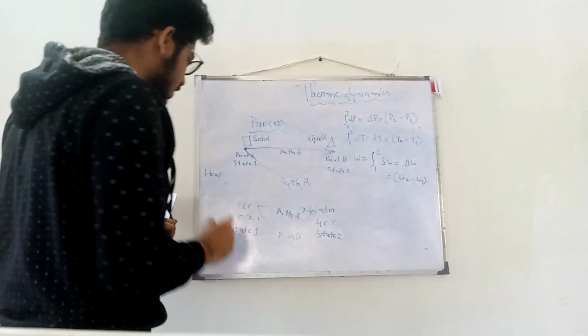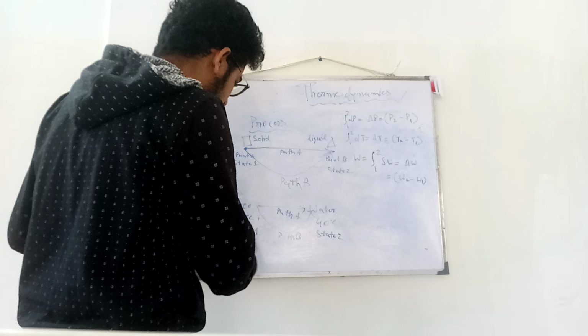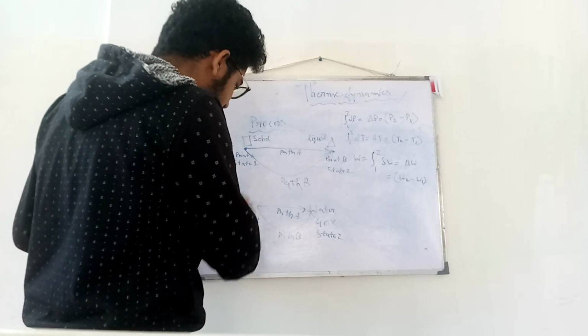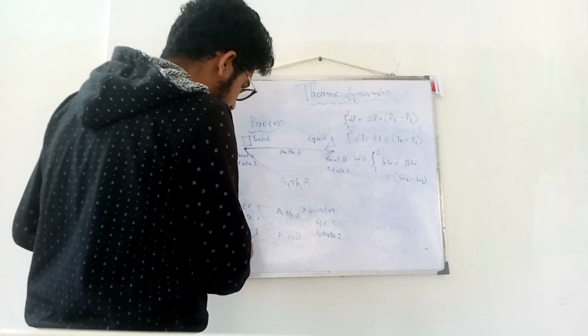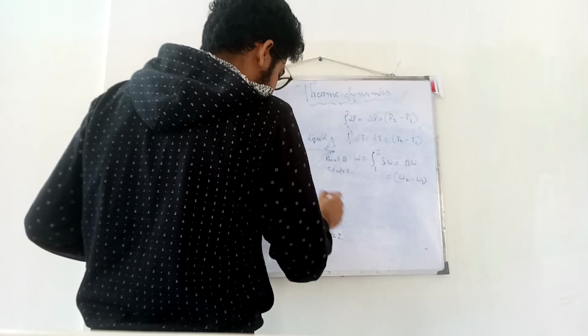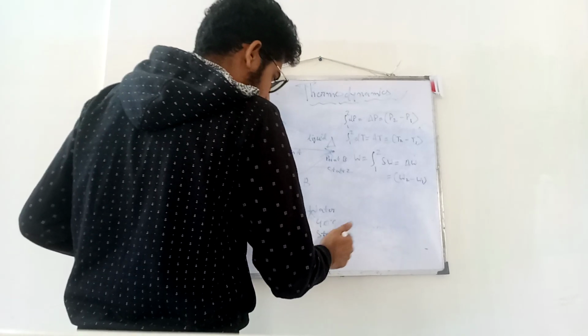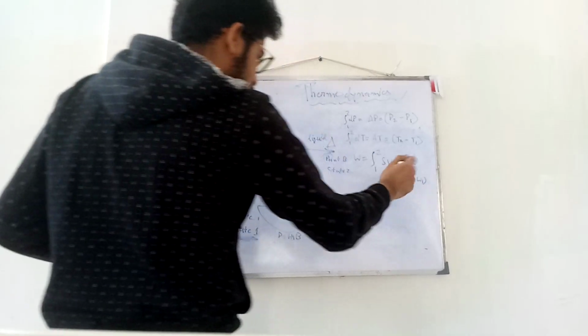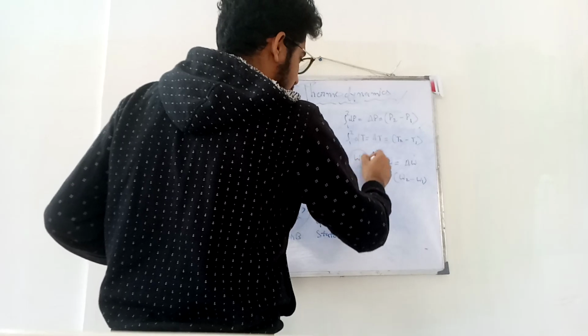Suppose when we are putting heat into the ice, there is the work in the initial state, and when it goes to the final state, there is the work in the final state. The difference of these two works gives the value of work done.